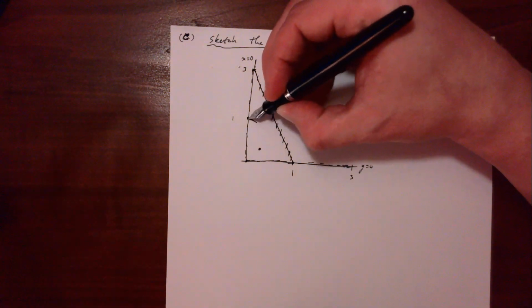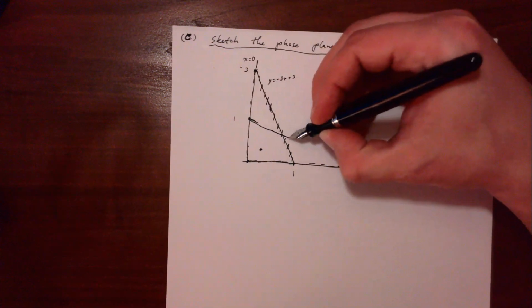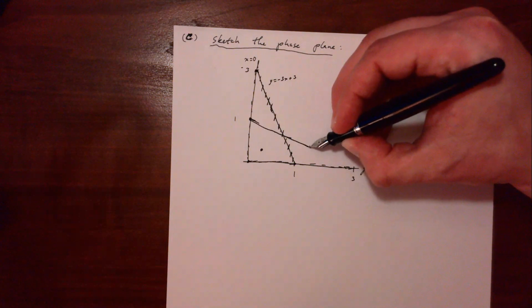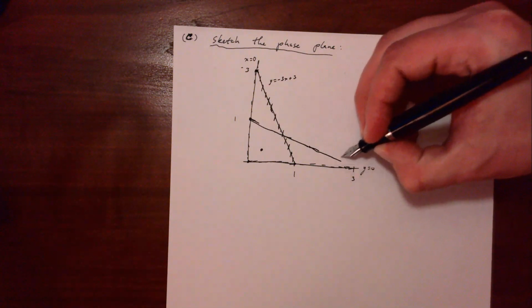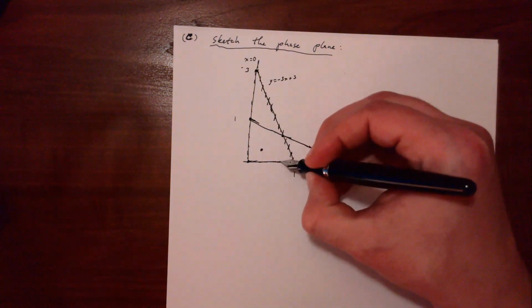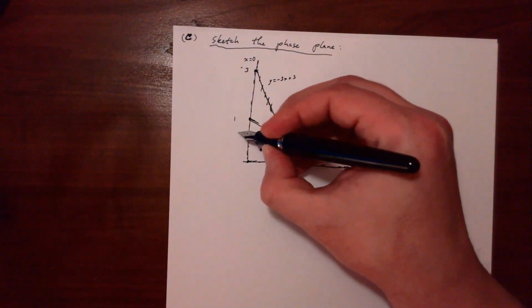So let's just let this line speak for itself, and then wherever it crosses the other Nocline, that's where we will find our equilibrium. Okay, so that was 3/4.